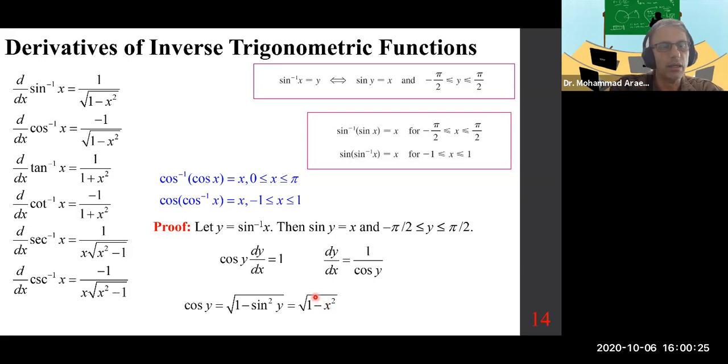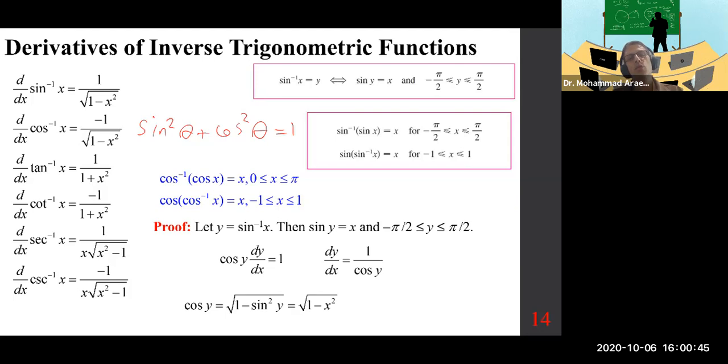Okay, again, where does it come from? Sine squared theta plus cosine squared theta is 1, which means sine squared is 1 minus cosine squared, and cosine squared is 1 minus sine squared, and so on and so forth. So it's pretty straightforward.